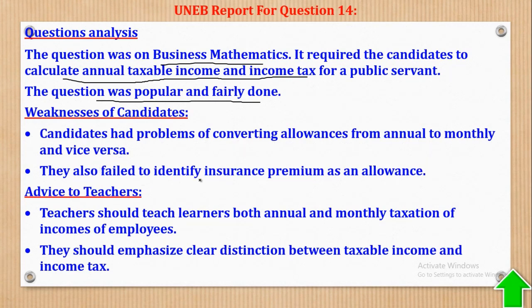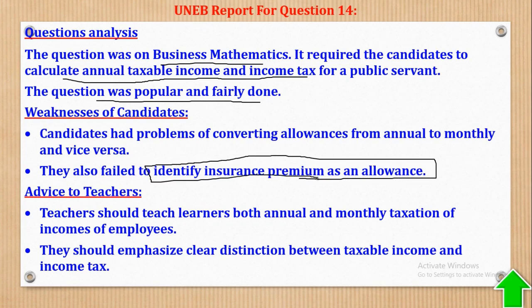They also failed to identify insurance premium as an allowance. So that word insurance premium disturbed students because it was not a popular part of allowance which was coming in the previous years. But from now on, as you prepare for exam, in case it comes back, just remember that this will be an allowance.